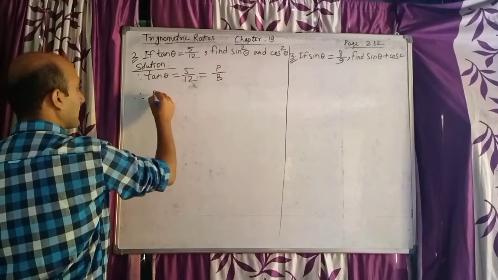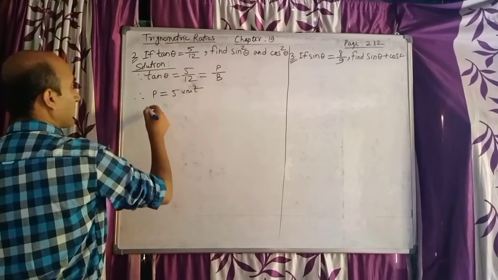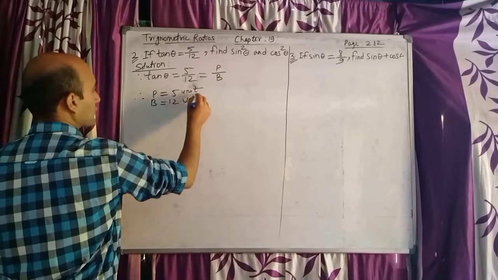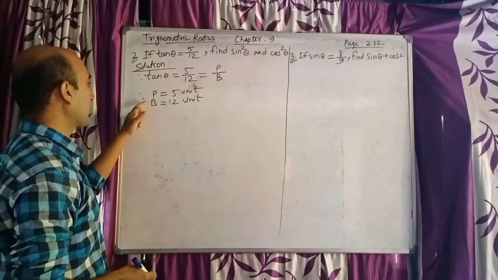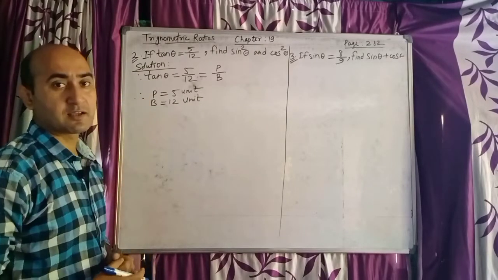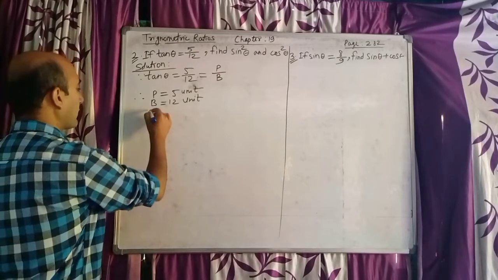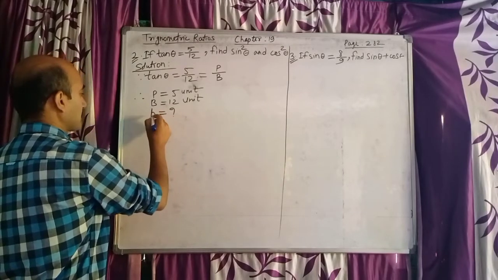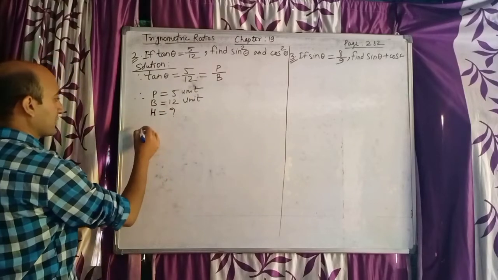So perpendicular is 5 unit, base is 12 unit. In a right angle triangle, perpendicular and base we have, then which value is not available? Very easy, we know hypotenuse is not available here. So let us find hypotenuse, h.